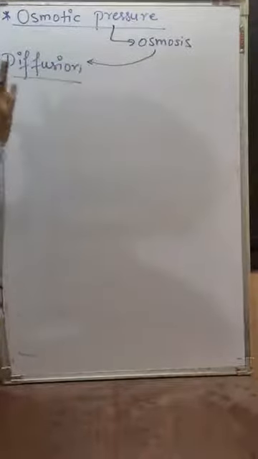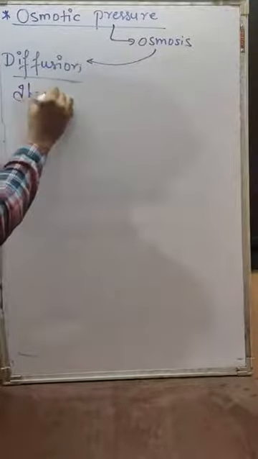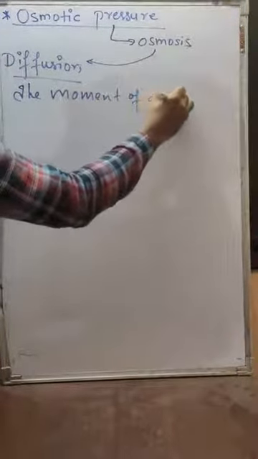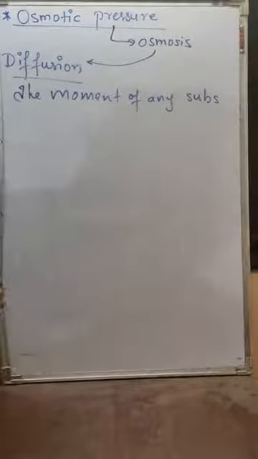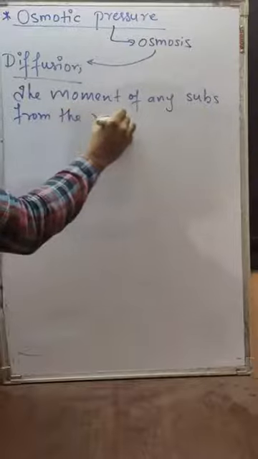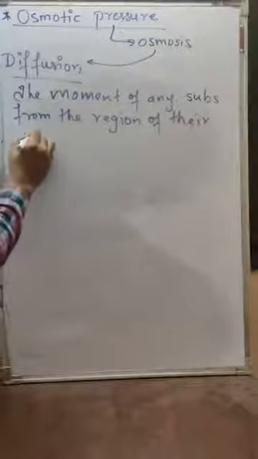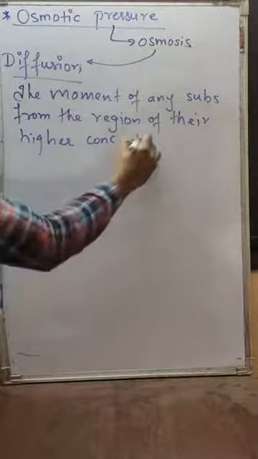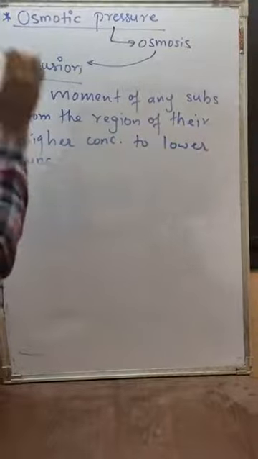Now what is meant by diffusion? See here, first we will see the definition. The movement of any substance from the region of their higher concentration to lower concentration.